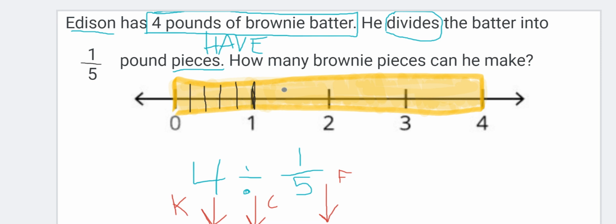Okay, then I'm going to split this one into fifths. 1, 2, 3, 4. There should now be 5 pieces. 1, 2, 3, 4, 5. And I'm going to continue to split each whole into 5 equal parts.